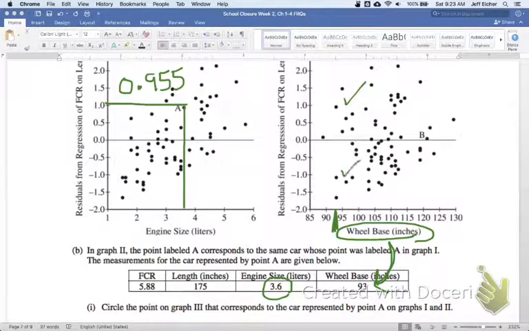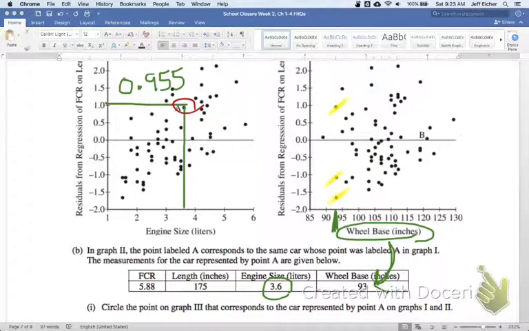This top one up here, this one, or this one. Maybe I'll highlight them. I don't want to circle them yet because I don't want to confuse anybody. So which of those 3 would correspond to this point A?